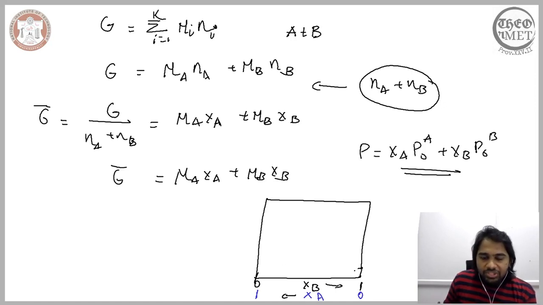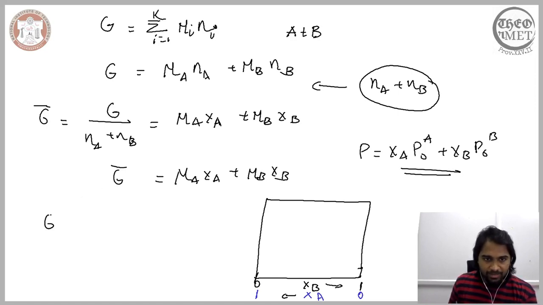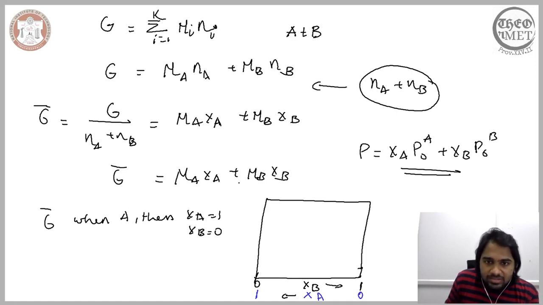Now let us consider these two extremes, and estimate what the Gibbs free energy per mole of the solution, G bar, will be when the solution comprises exclusively of A. Then xA will be equal to 1 and xB will be equal to 0. So this term vanishes and this term will be equal to 1.